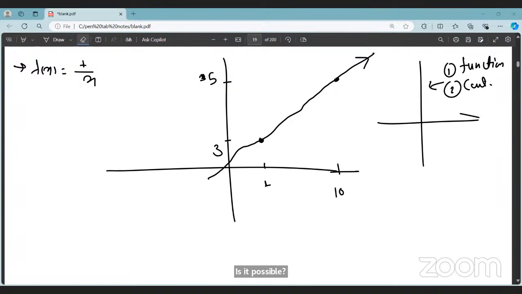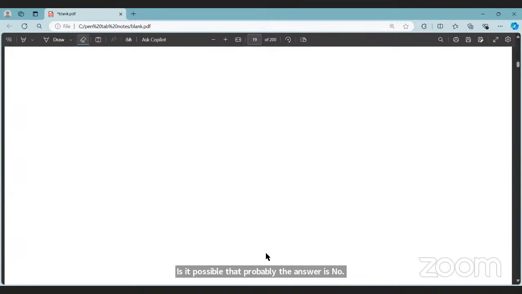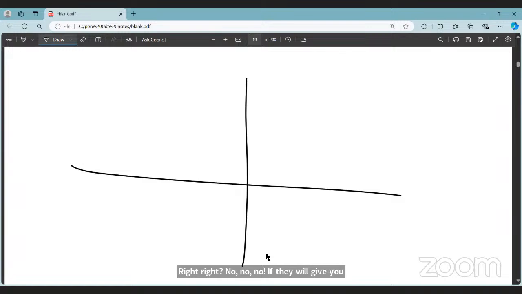If they give you finitely many points, first thing the function should be there. Whatever the numbers are, there is always a function. I'm yet to come across a situation where there cannot be a function for that. If there is a function, then you can always find a continuous function which passes through such finite points.